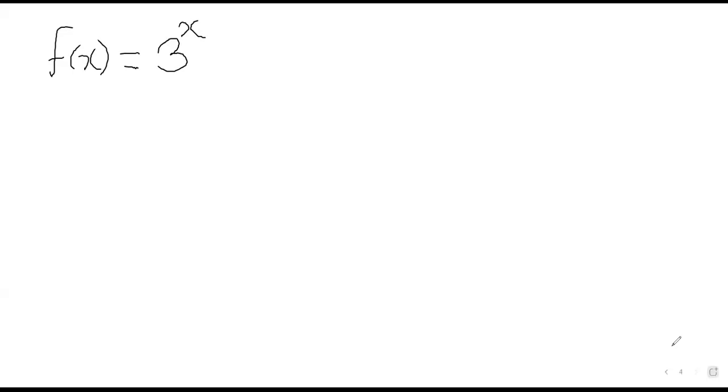Let me mention one thing. The domain for an exponential function runs from negative infinity up to positive infinity. The range depends on the horizontal asymptote. If the graph is below the horizontal asymptote, the asymptote is going to be our maximum, so the range is from negative infinity up to that horizontal asymptote, and it is not included because the graph never cuts the asymptote, so it has to be open.